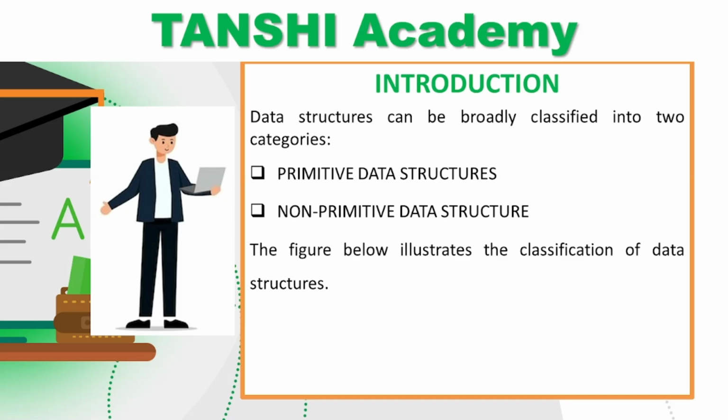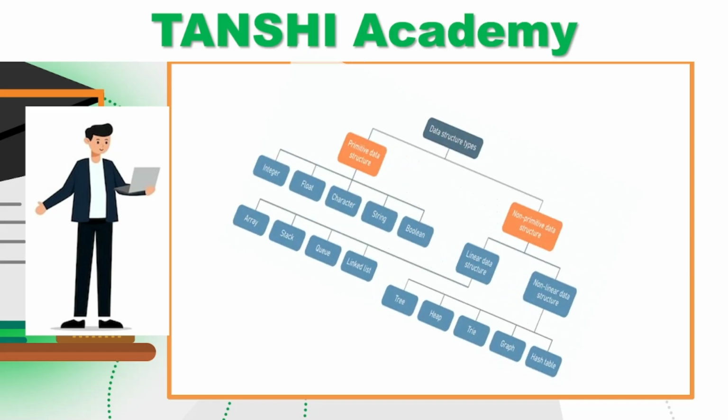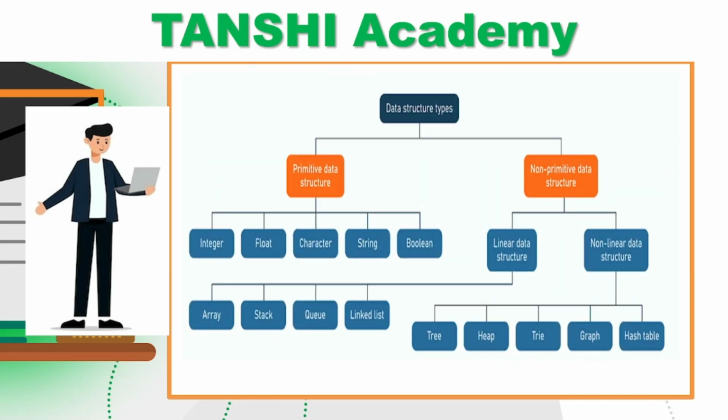Then we have non-primitive data structures, which are complex data structures. The figure below illustrates the classification of data structures. Let's look at the diagram critically. You see that there is a root, which is data structure types, split into two. From the left, we have primitive data structures. To your right, we have non-primitive data structures.